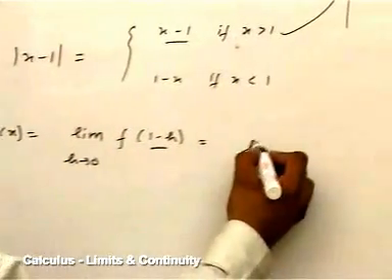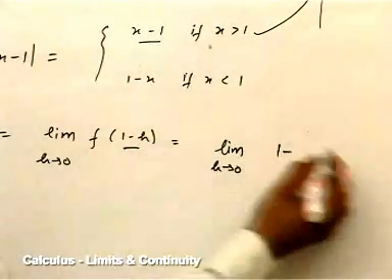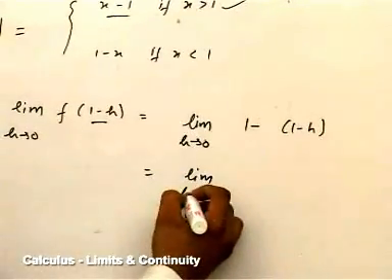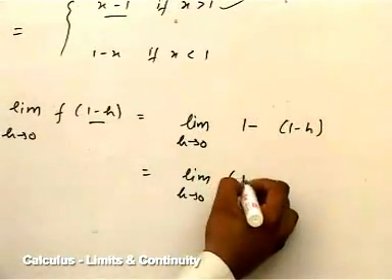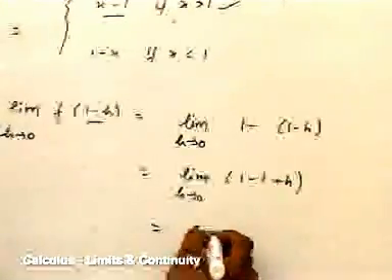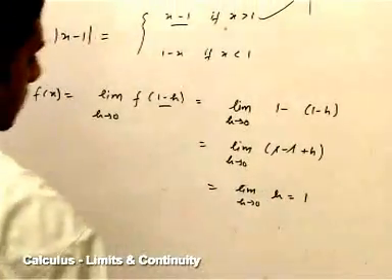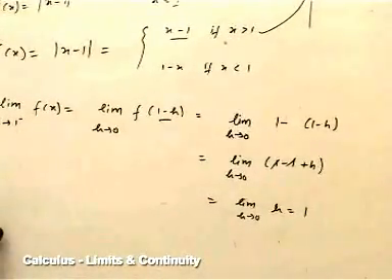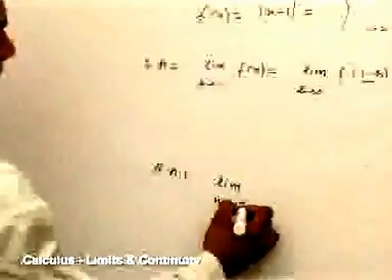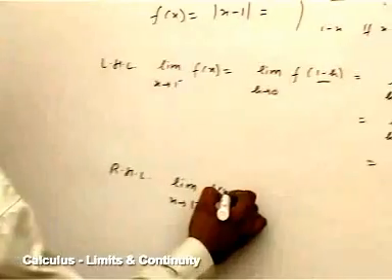So, limit h tending to 0, 1 minus x is 1 minus h. Limit h tending to 0, 1 minus 1 plus h. So, that will be limit h tending to 0 h, that is 0. Now, RHL, limit x tending to 1 plus. RHL means value slightly above 1 of f(x).